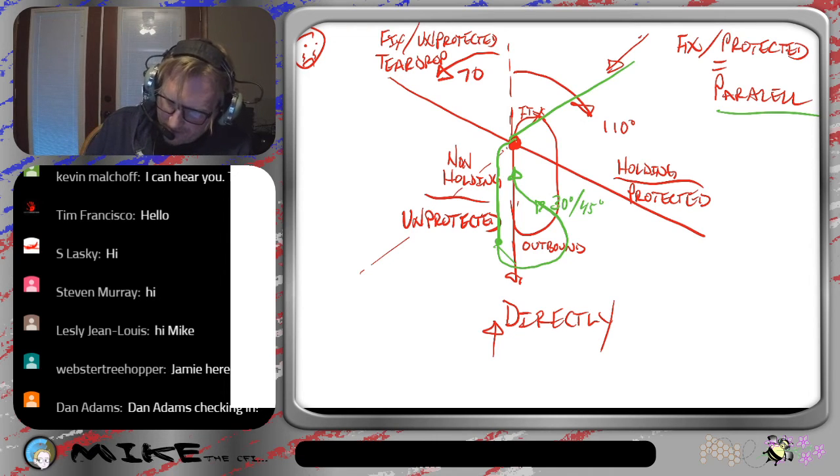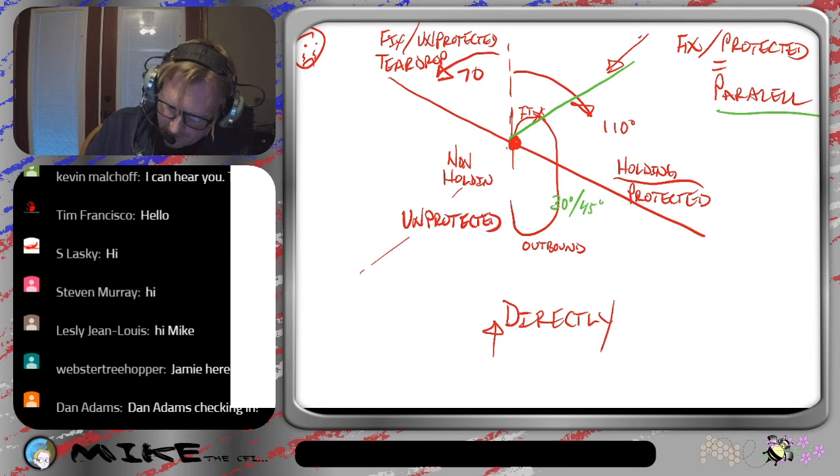You can see though, if we were to turn and get actually on the outbound course, which some pilots do, then that means that you're going to go outbound farther, which is going to take you longer to get back to the inbound course.